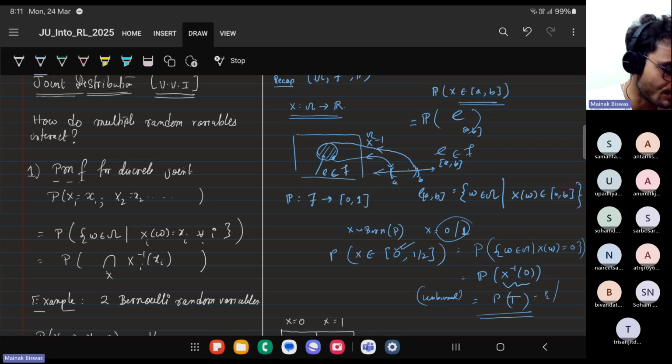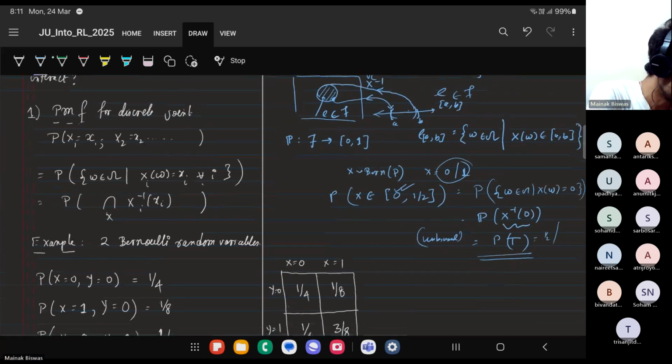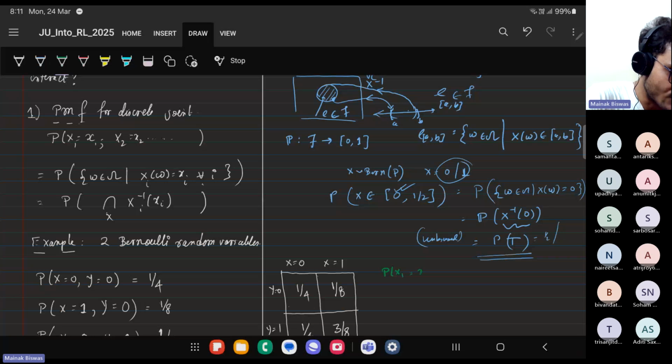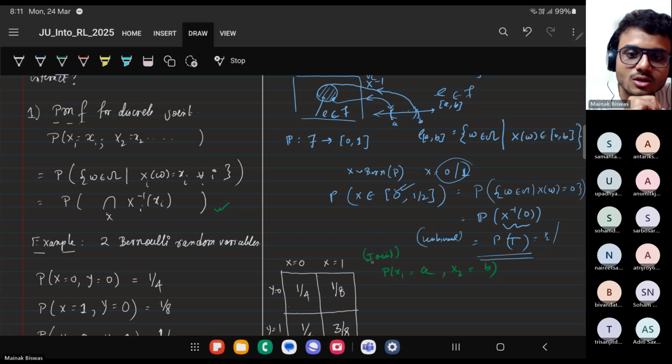So we'll understand the PMF of a joint first. So P of x1, say we'll start with 2. You can look at this definition later on. X2 is equal to small x2, or let us write a comma b for your understanding. This is the joint. So my question to you is, what does this mean?